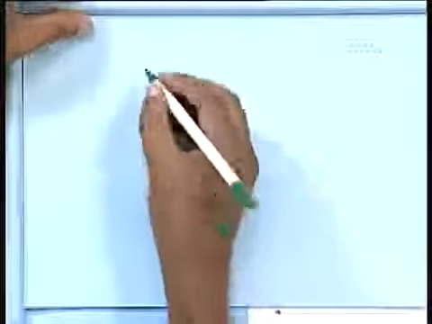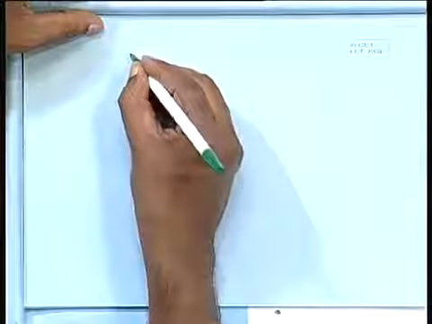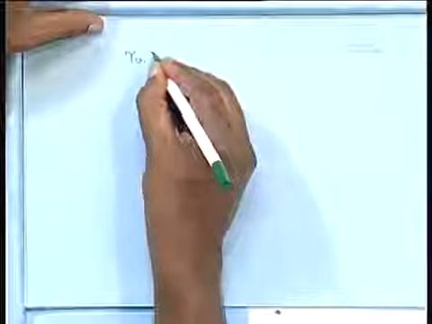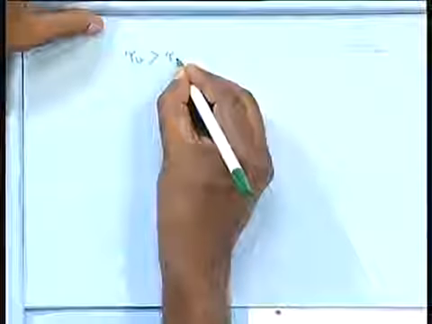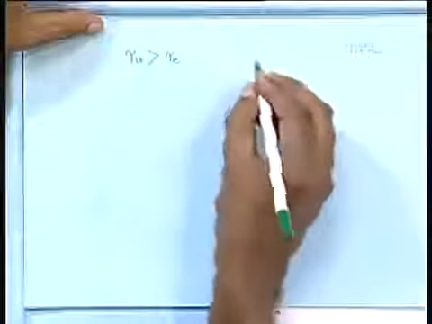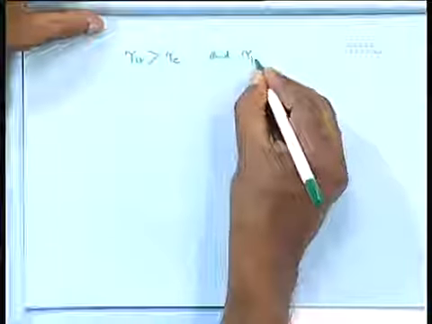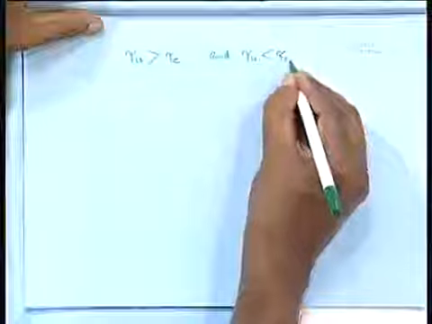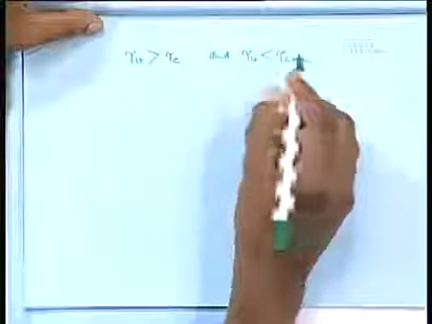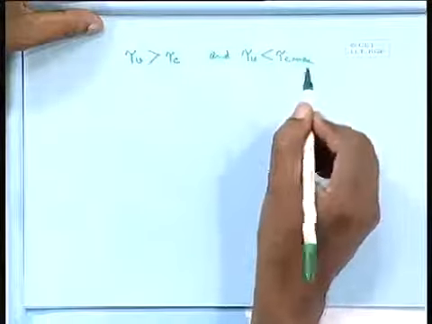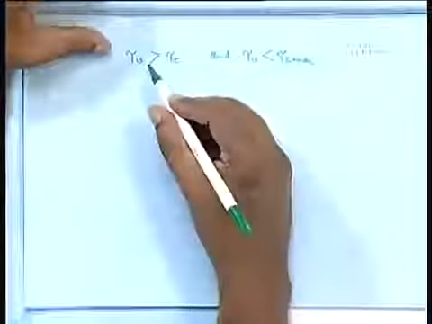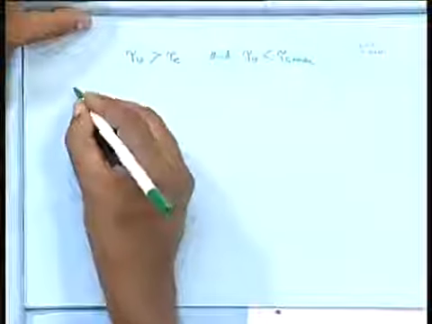So, in our case tau V is greater than tau C, but tau V is less than tau C max. So, no need of changing the section, but we have to provide shear reinforcement.